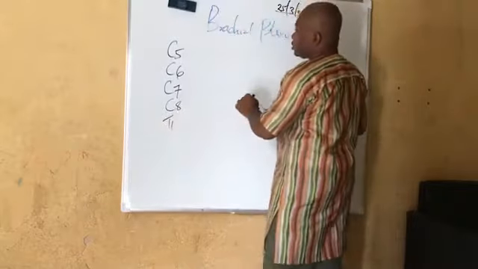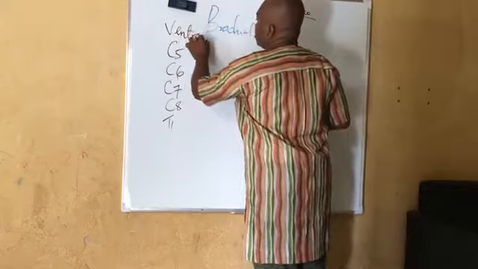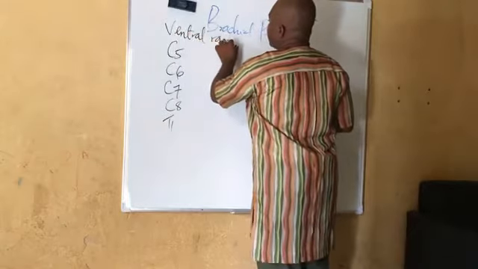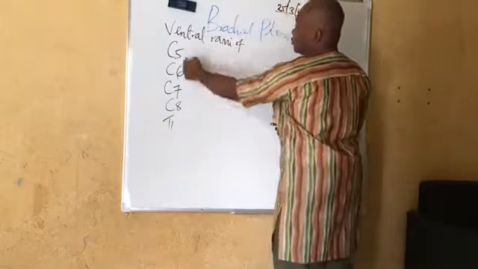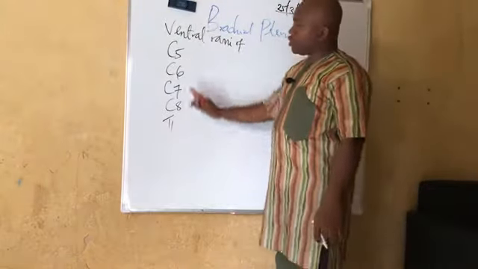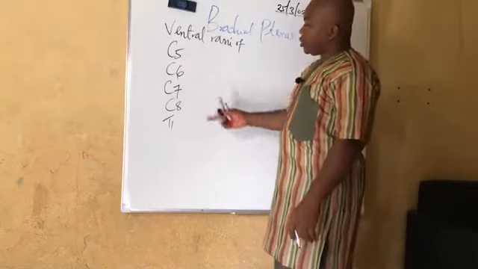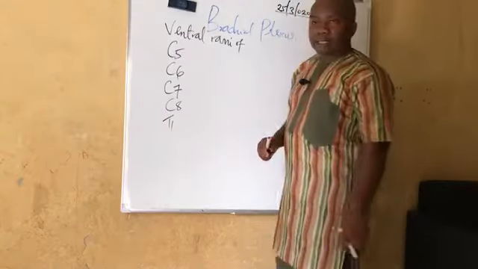So by definition, it goes this way as the ventral rami of these various roots. These roots will combine, some will go without combining.